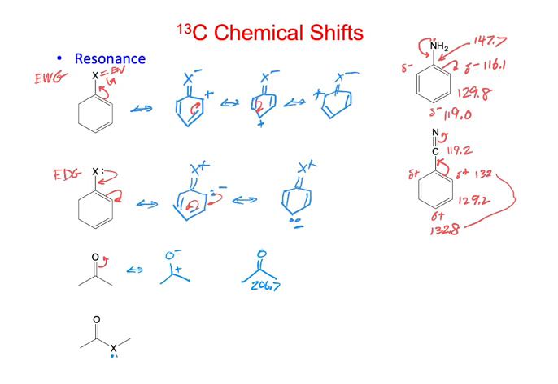In general, here's another carbonyl down here. If we have non-bonding electrons here, we can do the same kind of resonance that we did up above. These non-bonding electrons can donate electrons and reduce the amount of delta plus, reducing the deshielding on that carbonyl carbon.